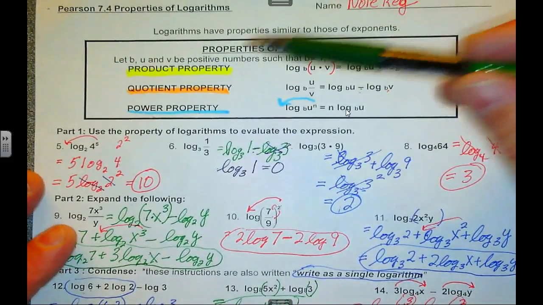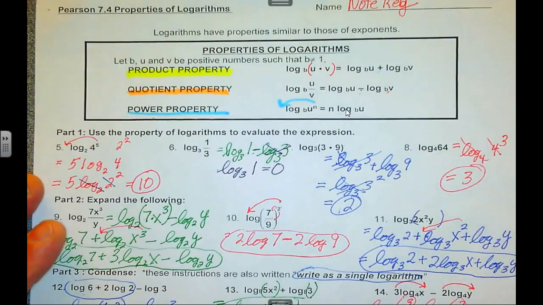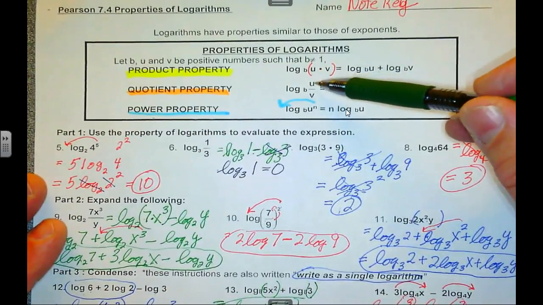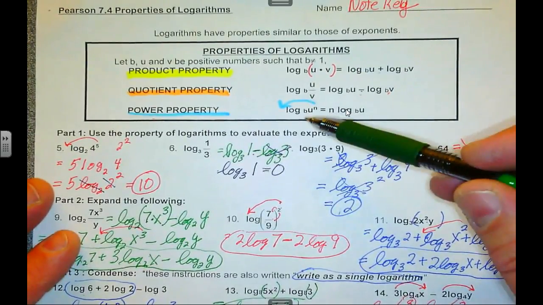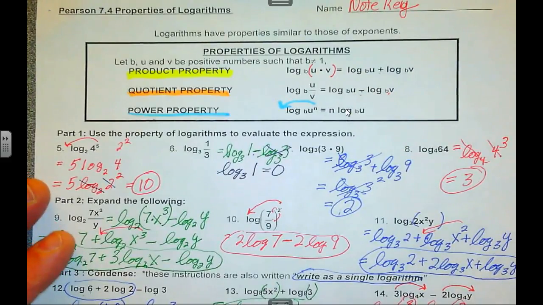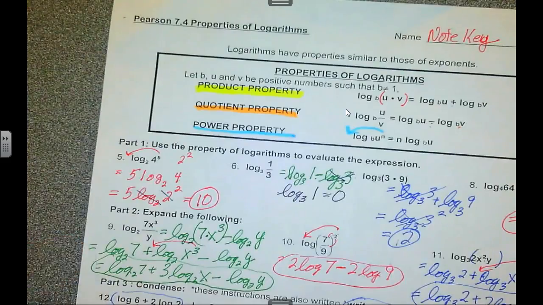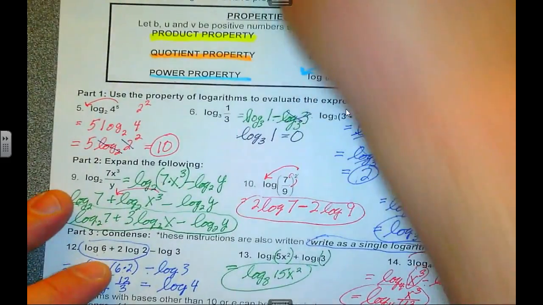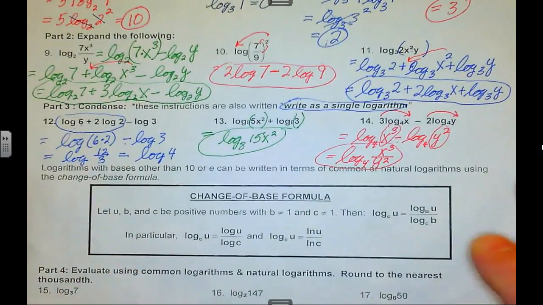You use the product property when you have two numbers being multiplied, the quotient property when you have two numbers being divided, and the power property when you have an exponent on a number. Okay. I'll have to do it on your homework sheet. Do some examples there. Now, change of base formula.